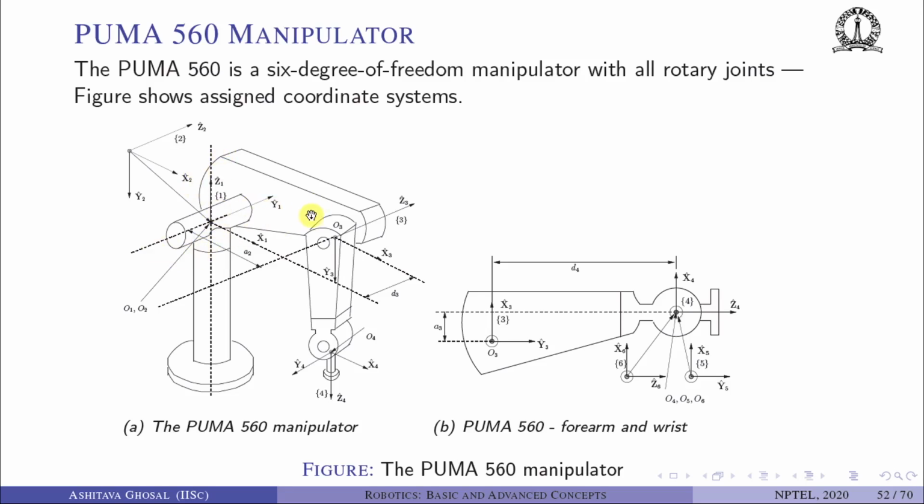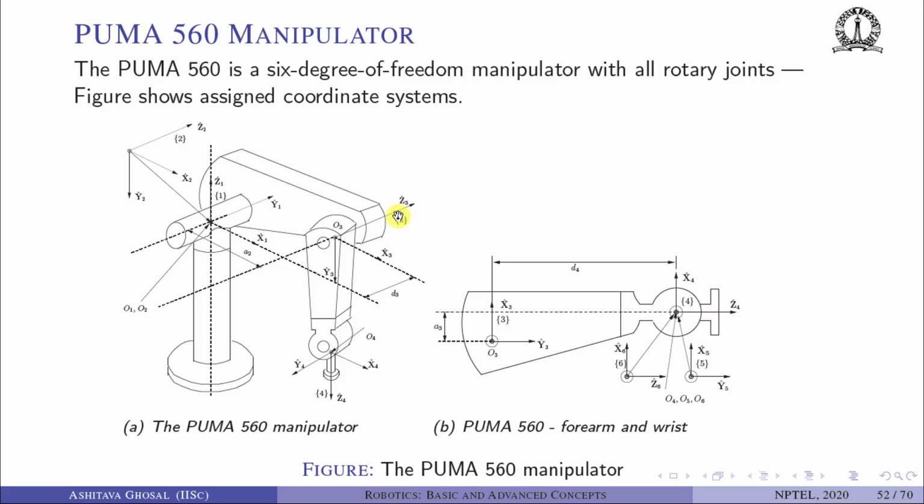Z1 and Z2 lie in a plane, so X1 is the normal to the plane. So this is X1. How about X2? X2 is the common perpendicular between Z2, which is this way, and Z3, which is this way. Now these two axes are parallel to each other.